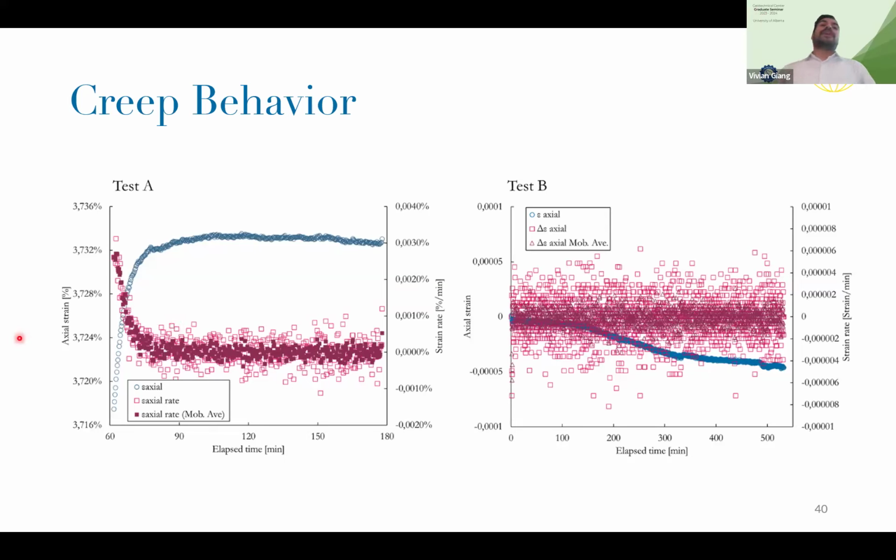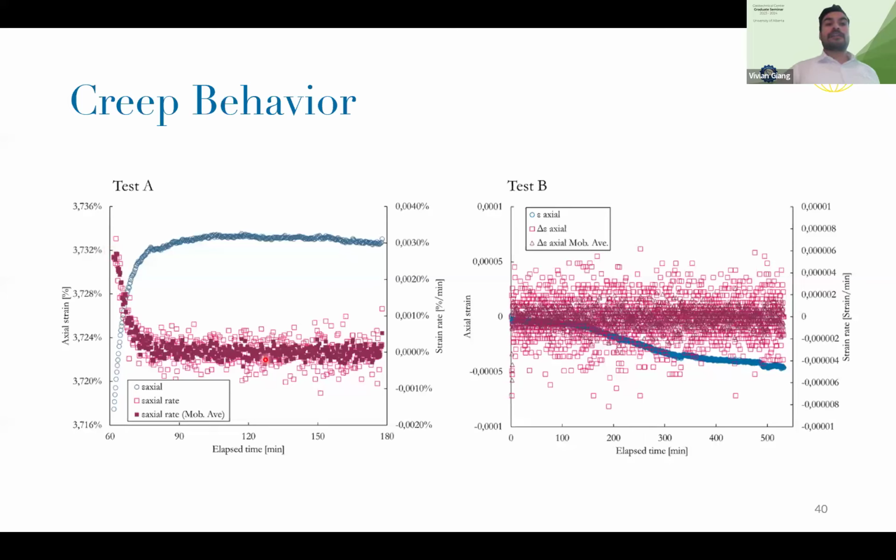So there is always something that is initial creep, what they call primary or initial creep, which happens at the very beginning. What you can see here is the deformation, the axial strain, against the rate of that strain, right? At the beginning, that rate is too high.